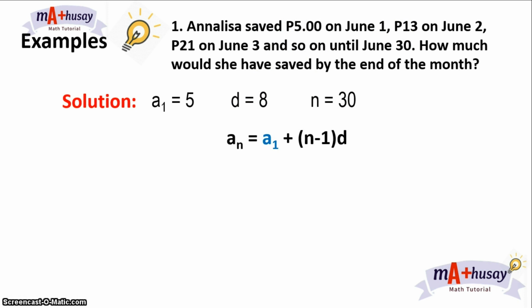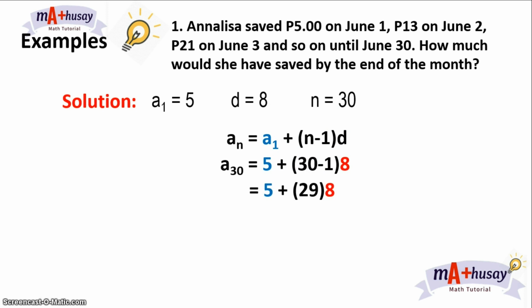So, to solve this, we have the arithmetic sequence formula a sub n equals a sub 1 plus the quantity of n minus 1 times d. Now, substituting these values, we have a sub 30 equals 5 plus 30 minus 1 times 8. 30 minus 1 is 29.